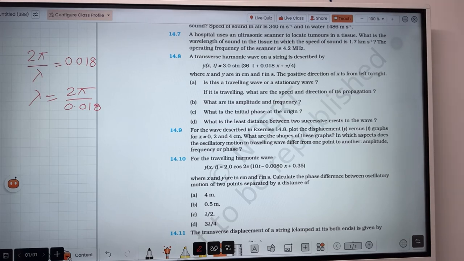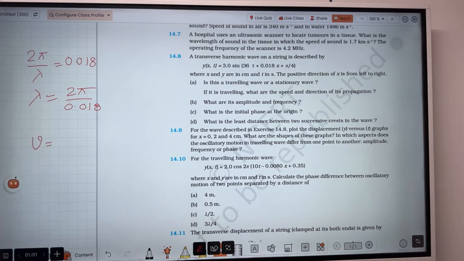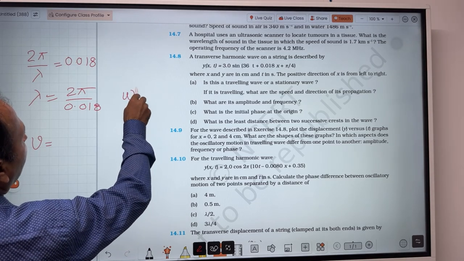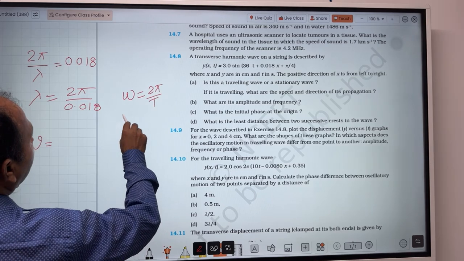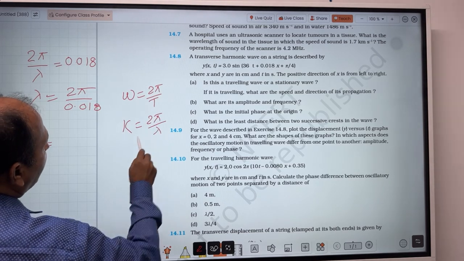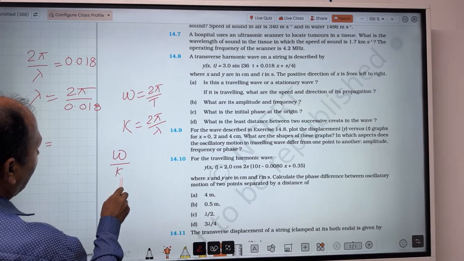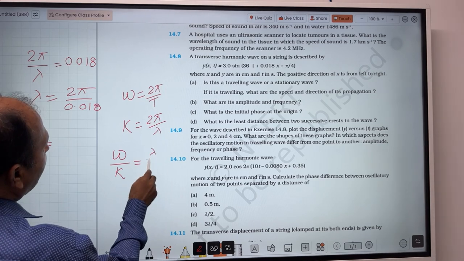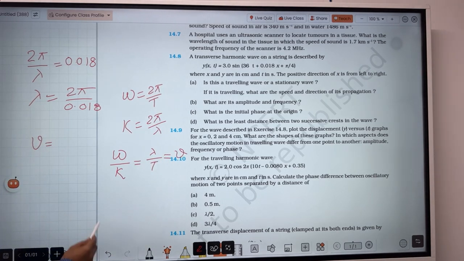Then we try to find out velocity. How will you find velocity? What is the formula? If you remember, omega is equal to 2π by T, and k is equal to 2π by lambda. If we write omega upon k, what will be left? It will become lambda upon T, and that is velocity.